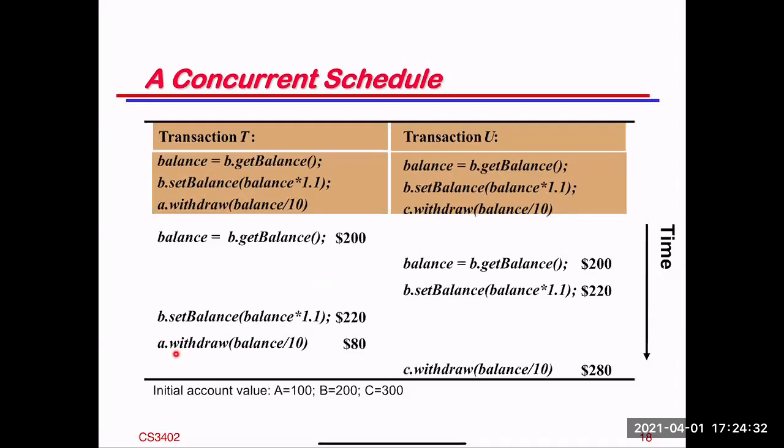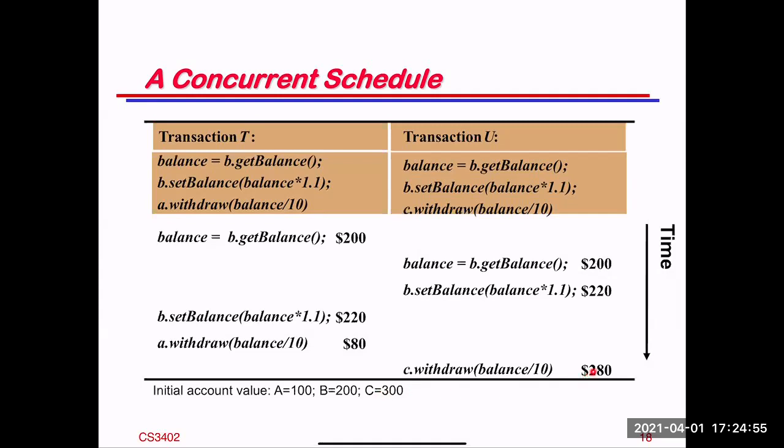Then we're withdrawing from A one tenth of what is in our balance. Since A has a starting value of 100 and balance is 20, we're left with 80 on A. Finally, we're withdrawing from C, again one tenth of our balance variable, and if C is initially 300, this will be 280.